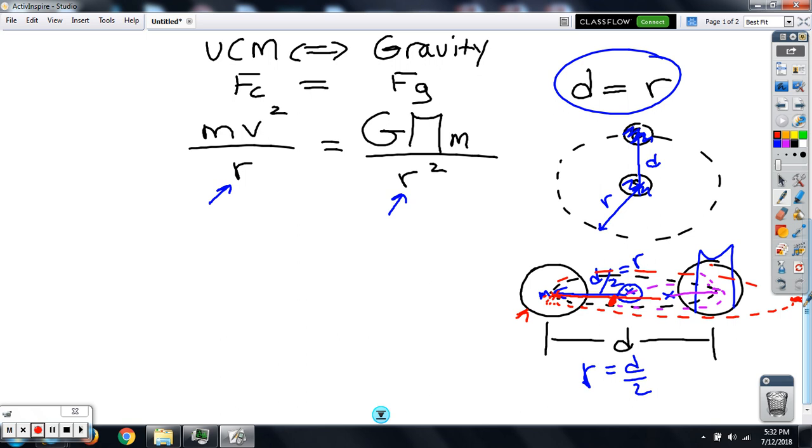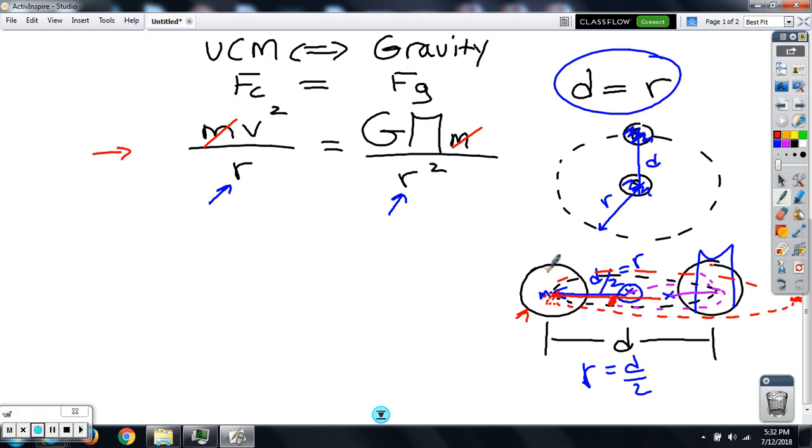But to go back to deriving Kepler's third law, here we're going to cancel out a couple of things. The mass of the satellite in this case doesn't matter. Again, that would not be true in this system.